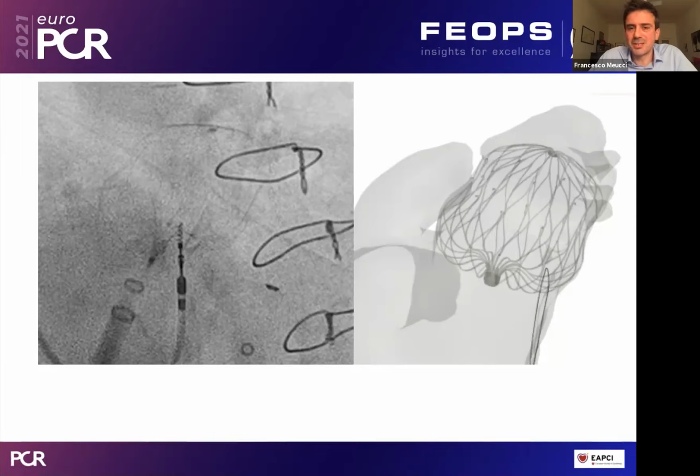Well, this is a good answer because everybody is thinking that in specific cases or in any procedure, you can have some insight with the FEops simulation system. And this is also my way of thinking. I think this is kind of an obligated step after a CT scan.